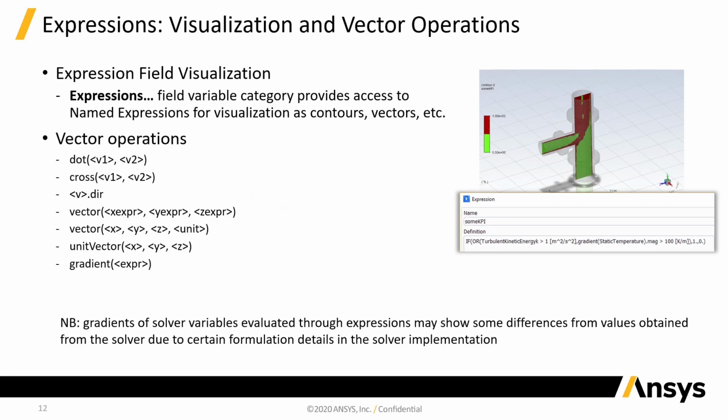My particular favorite from this release in terms of usability is the fact that when you create an expression now, those expressions go into one of the categories that you can use in plotting. So as soon as you've got an expression that has a field that can be plotted, then you'll have a list of expressions and you can directly plot them here.